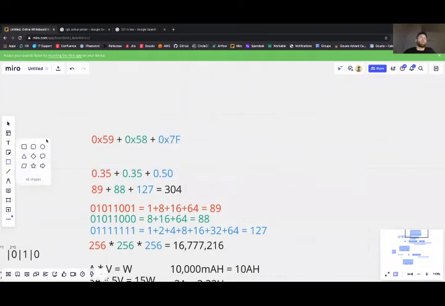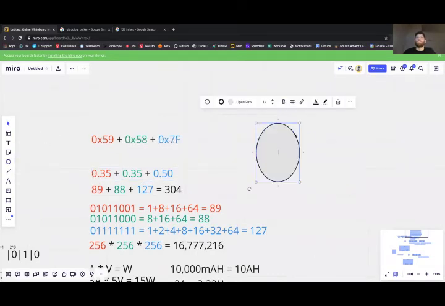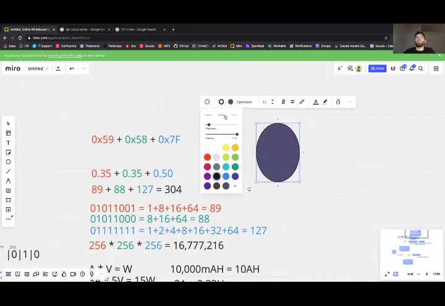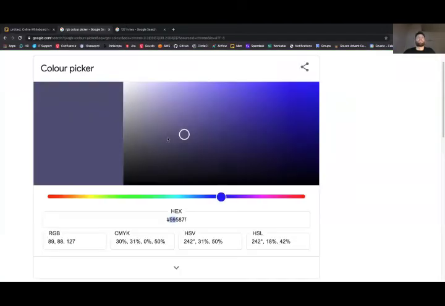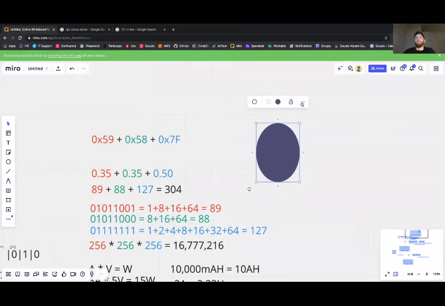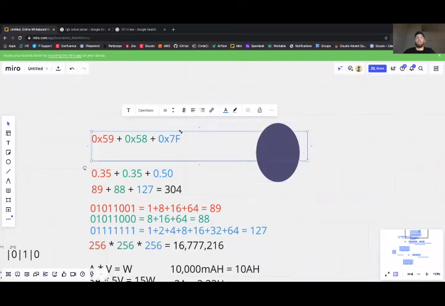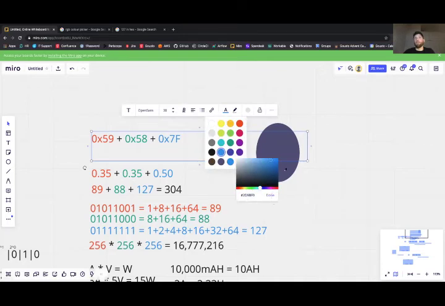Let's make a square. Let's make a splotch of it. Exactly that same color that we saw here. Same color. And if we are over here and we take a color picker, also known as the eyedropper, and touch that, it will also bring back this color, 59, 58, 7F.